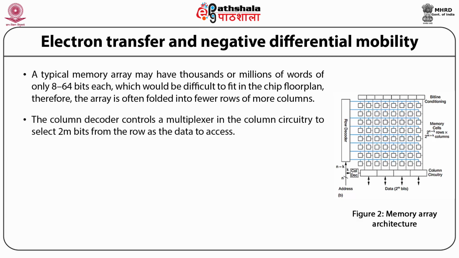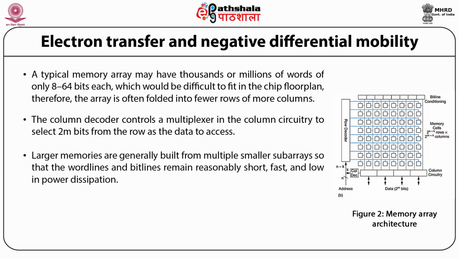The column decoder controls a multiplexer in the column circuitry to select 2^m bits from the row as the data to access. Larger memories are generally built from multiple smaller sub-arrays so that the word lines and bit lines remain reasonably short, fast, and low in power dissipation.